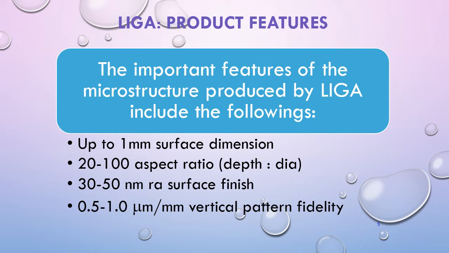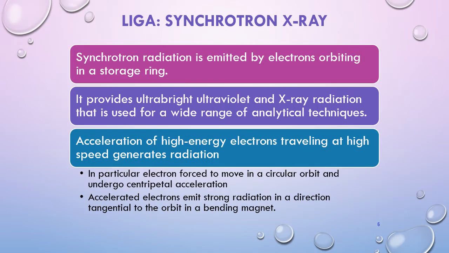In LIGA, synchrotron X-ray is used to perform the operation. Synchrotron radiation is emitted by electrons orbiting in the storage ring. If you remember, in the X-ray lithography previously, we already saw the synchrotron X-ray, and how the electron orbiting the storage ring is produced.